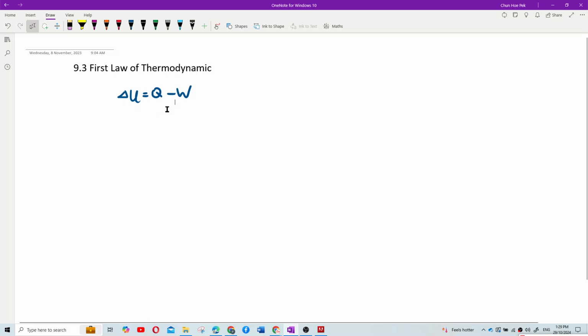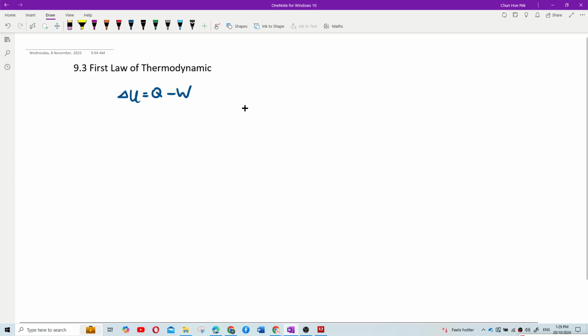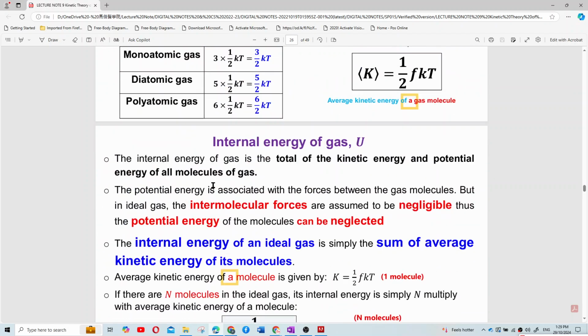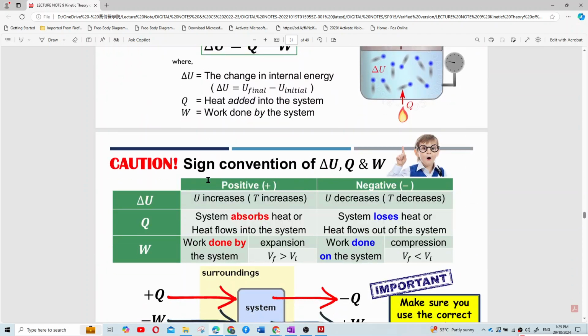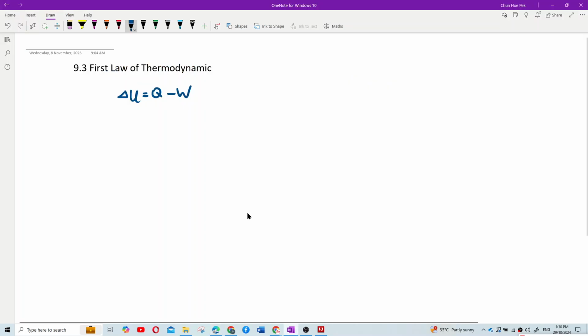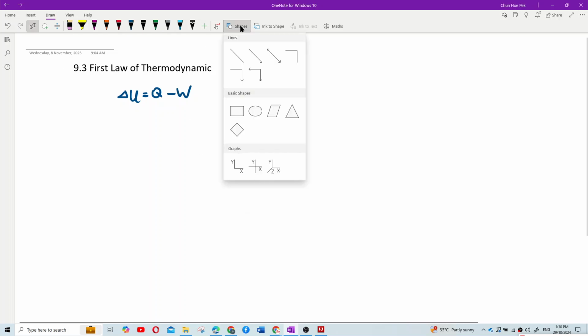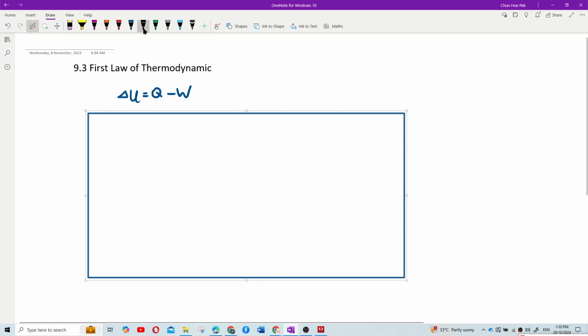Okay, so here there is a table. Actually I can just show you from the notes.